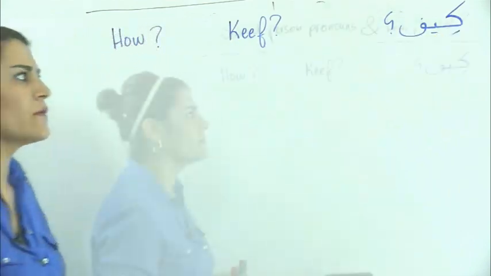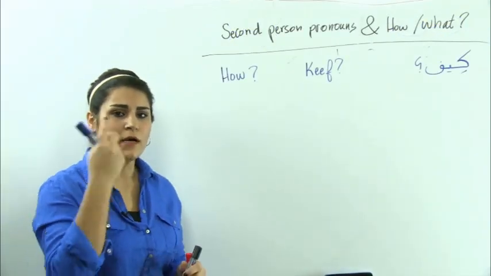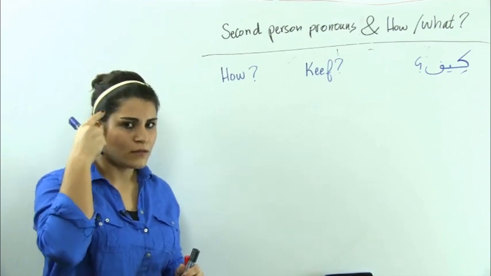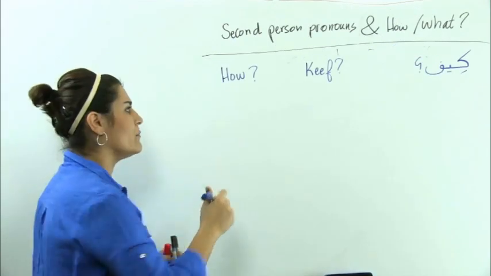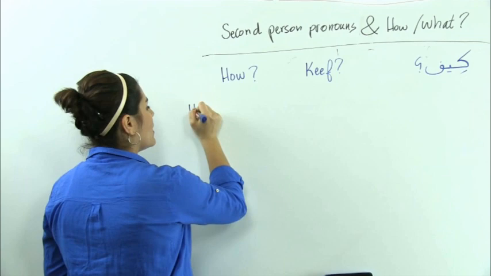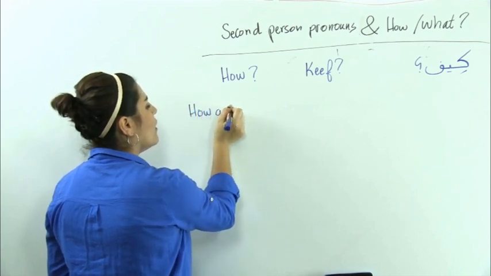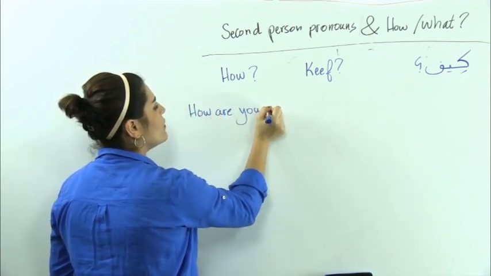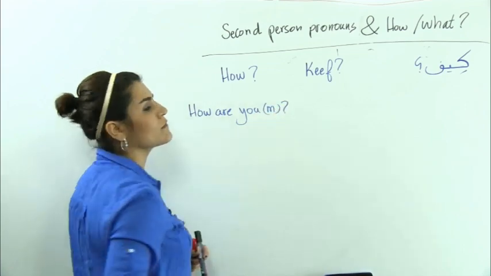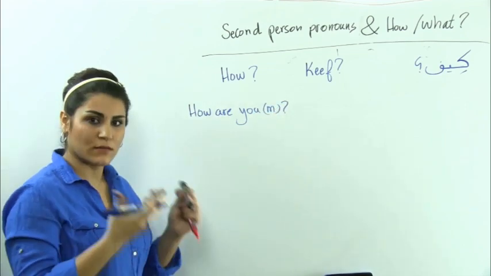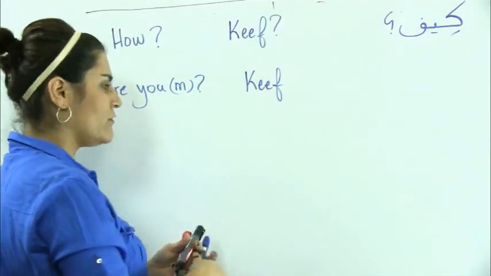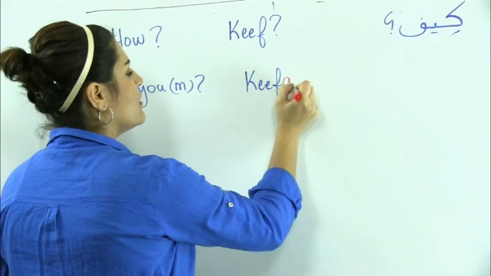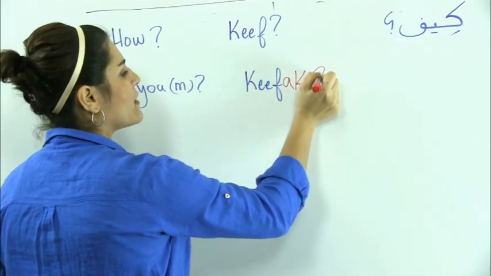Okay, so now we're going to go back in memory to the second person pronouns, independent and connected. If I'm saying how are you, masculine, in Arabic you write the question kif, and then the masculine suffix ak.